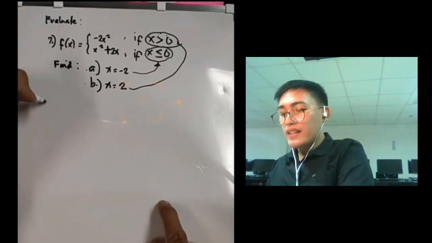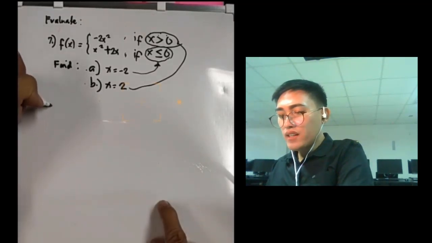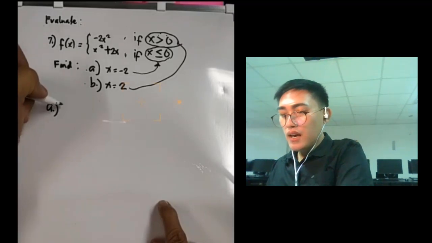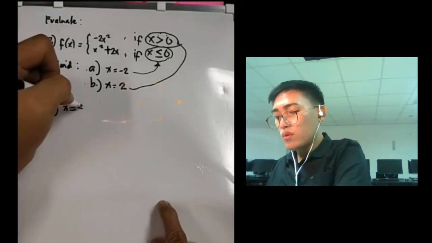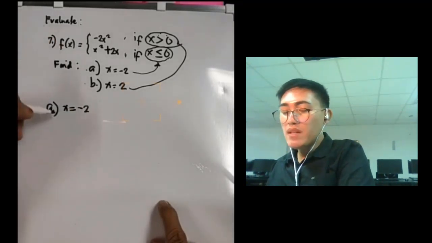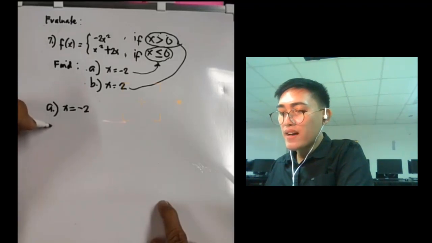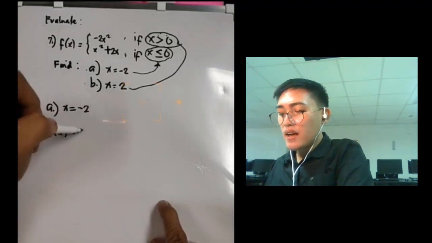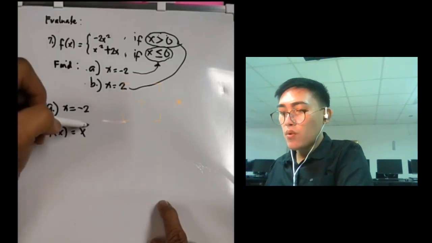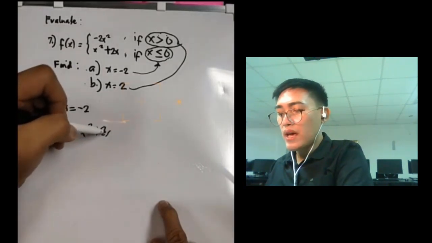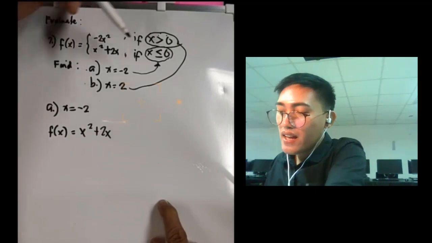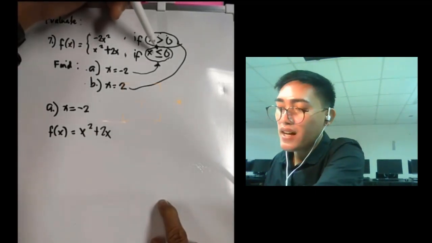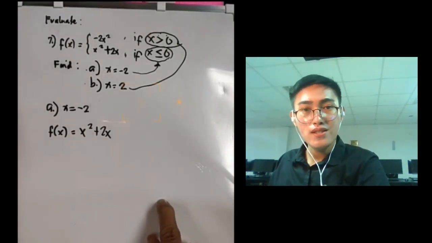So, let us try for letter A, x is equal to negative 2. Ang gagamitin natin na function ay yung subfunction na f of x equals x squared plus 2x dahil babalikan natin if x is less than or equal to 0.